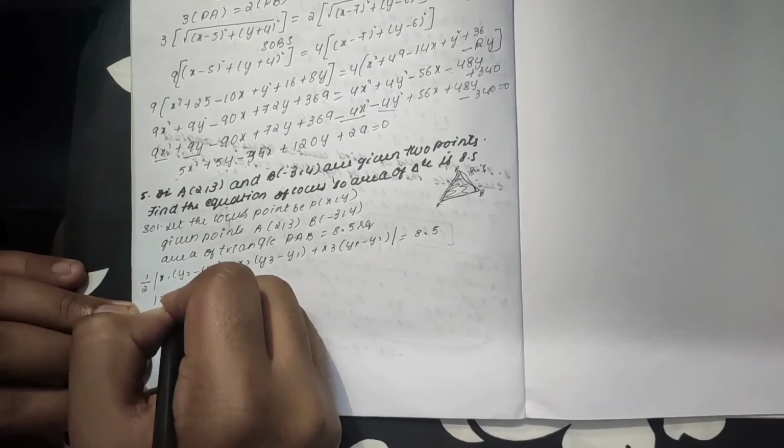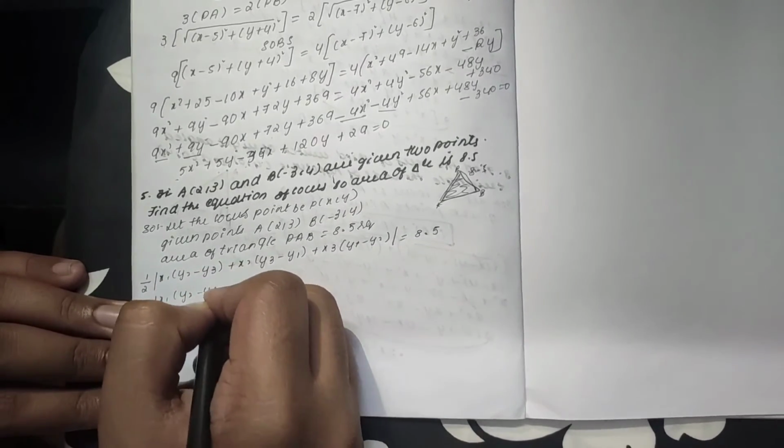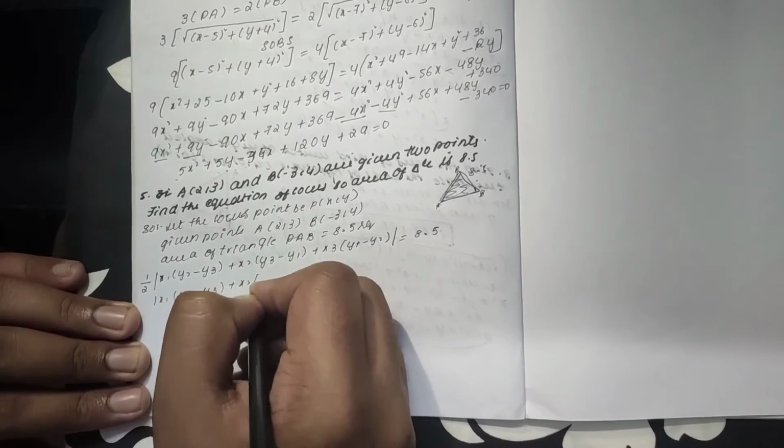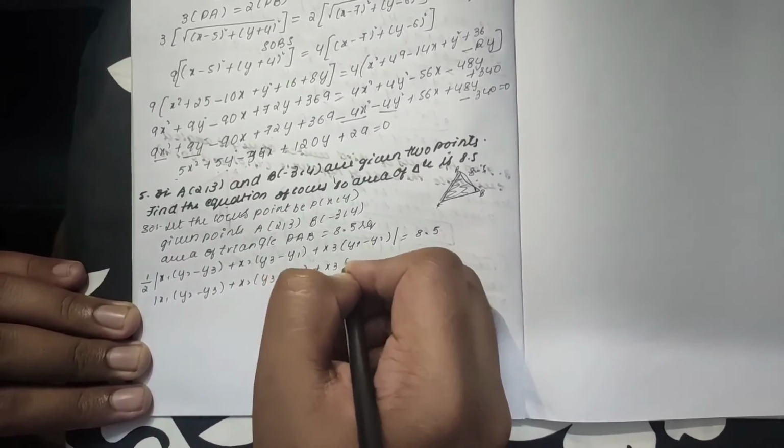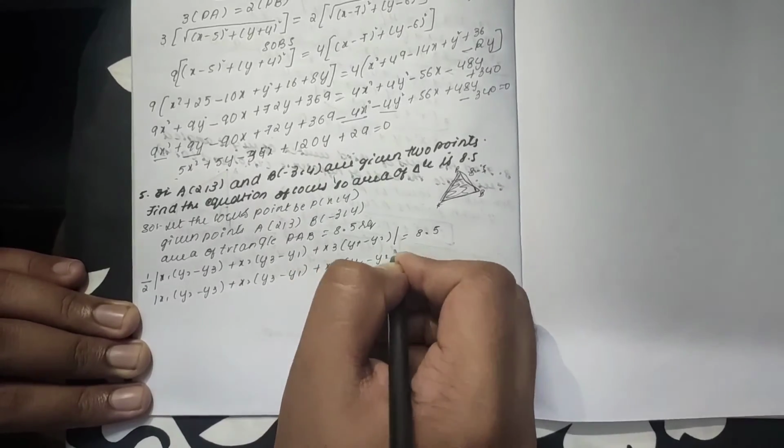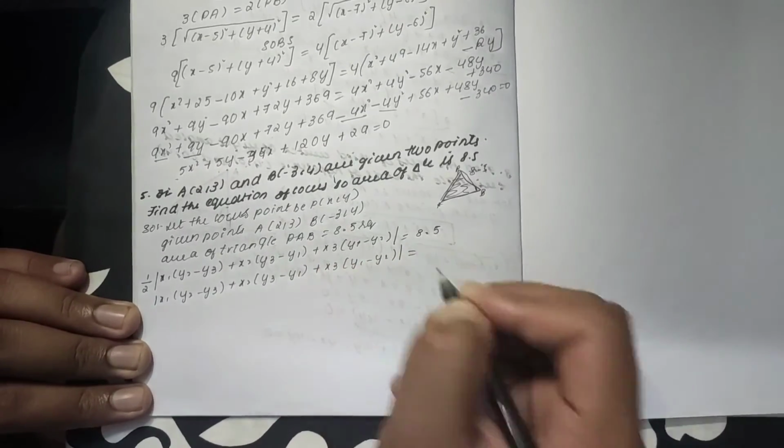Take this 2 to RHS, which becomes modulus of x1 into (y2 minus y3) plus x2 into (y3 minus y1) plus x3 into (y1 minus y2) equal to 8.5 into 2, which is 17. So this is 17.